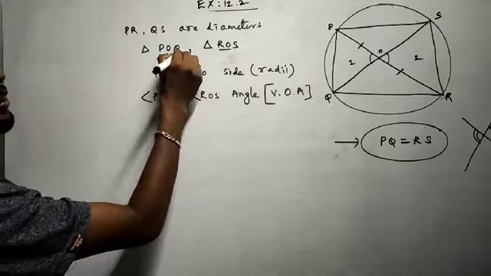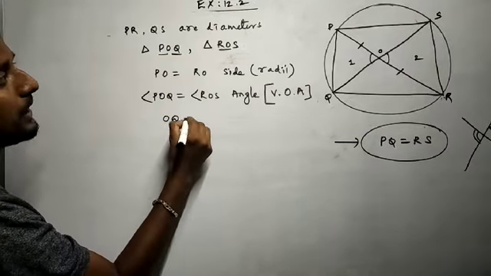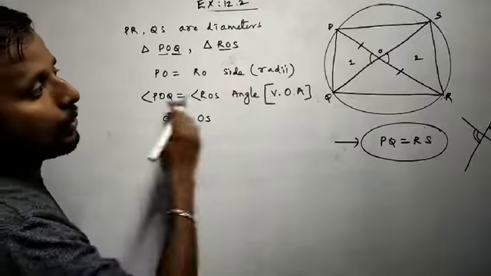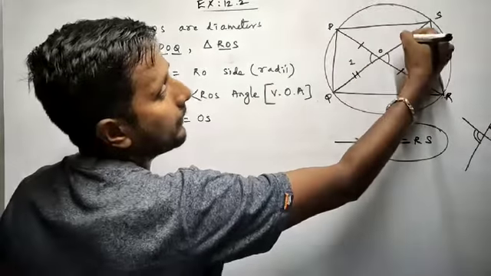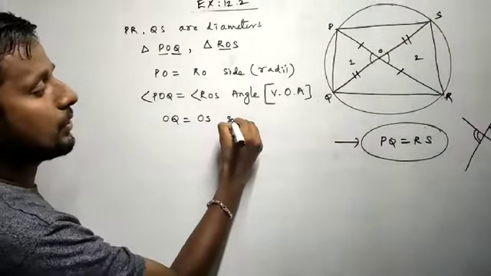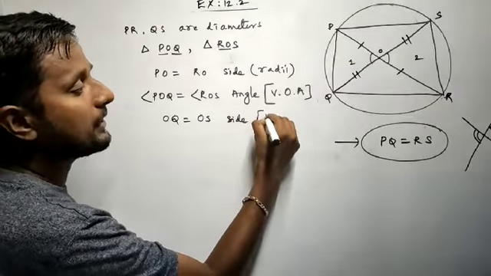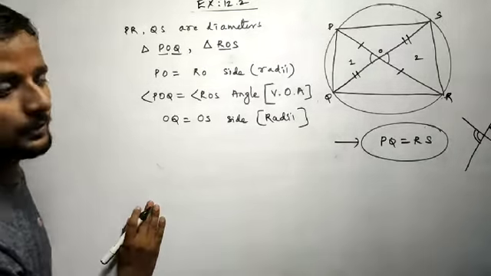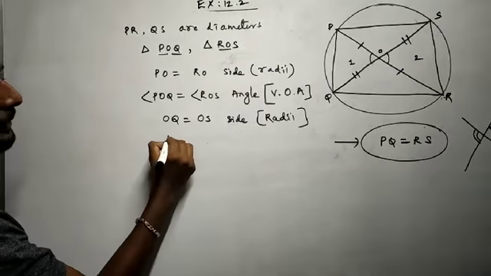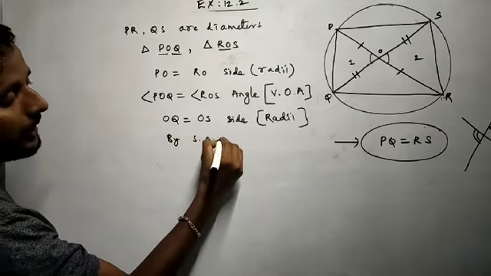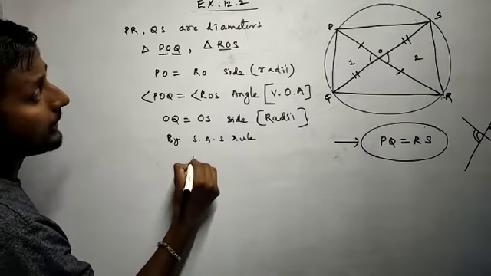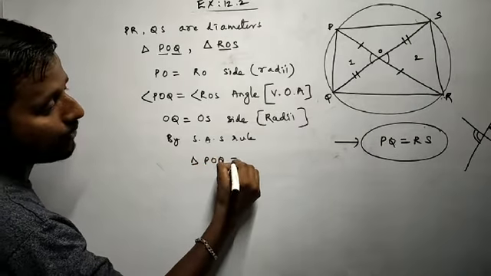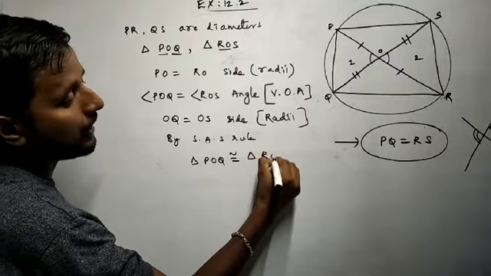Next, look at OQ. OQ is equal to OS. OQ, this one, second, OS, same. This is also a side, and the reason for equality is that it is also a radius. Correct? So simple, by the SAS rule, I can write triangle POQ is congruent to triangle ROS.